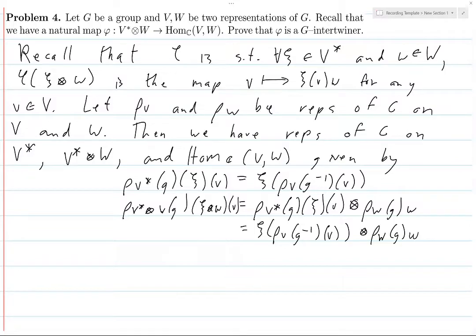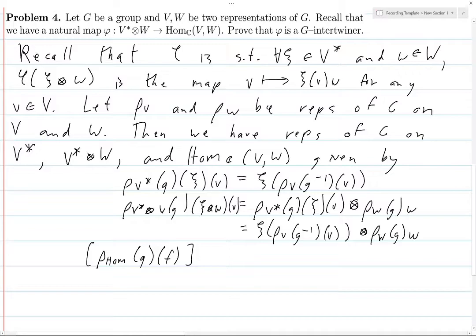And then lastly, we have rho Hom of g. So we're going to evaluate this on f, where f is in Hom C VW. And so in order to figure out what this is, rho Hom g is going to map from Hom C VW into Hom C VW. So this whole thing in brackets here is going to be an element of Hom C VW.